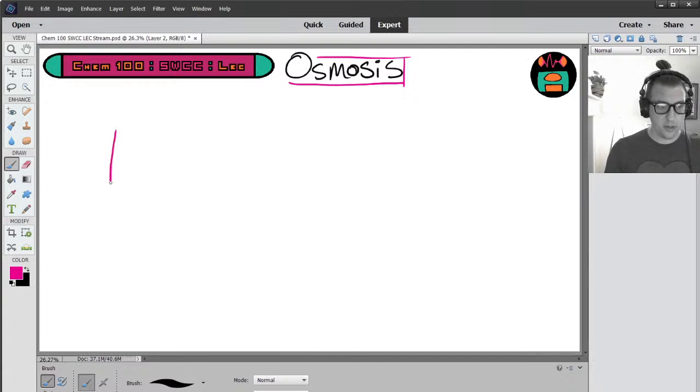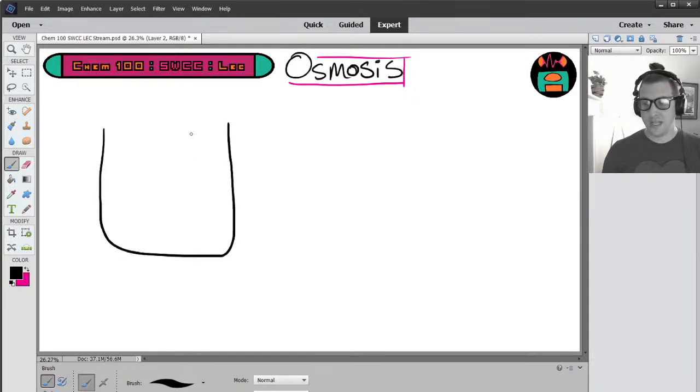So if we have two solutions here, separated by a barrier, and let's say we have solute particles in solution.